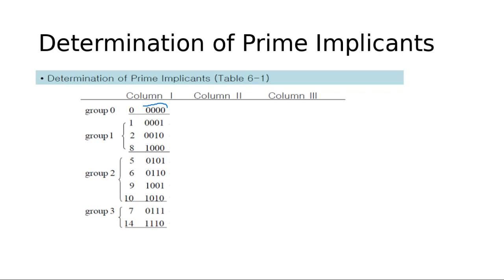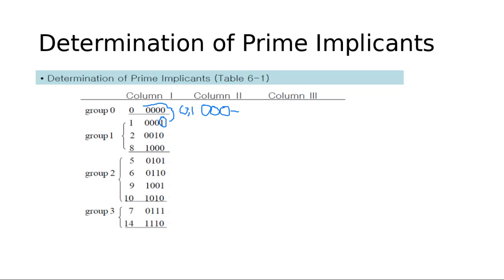You can combine group 0 and group 1 because there is only a 1-bit change, right? 0 and 1, and you will write 0 0 0 and use a dash for the changing bit. We use a dash instead of the changing bit.